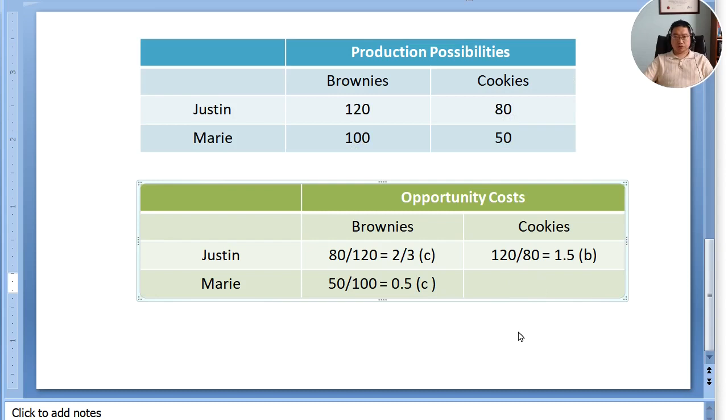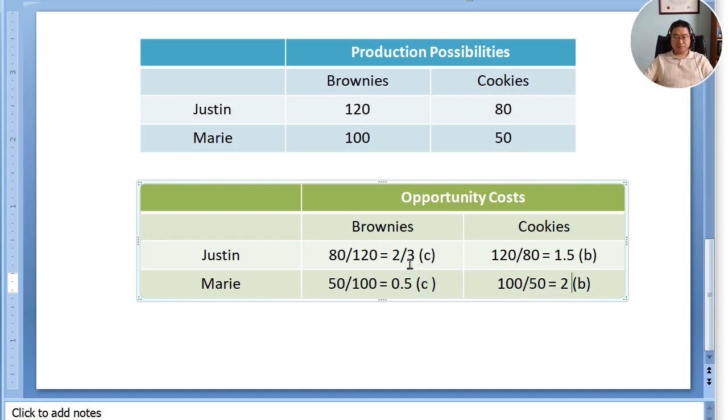Now, for cookies, Marie gives up 100 brownies divided by 50 cookies. Yes, that is 2. Marie gives up 2 brownies for every cookie Marie produces.